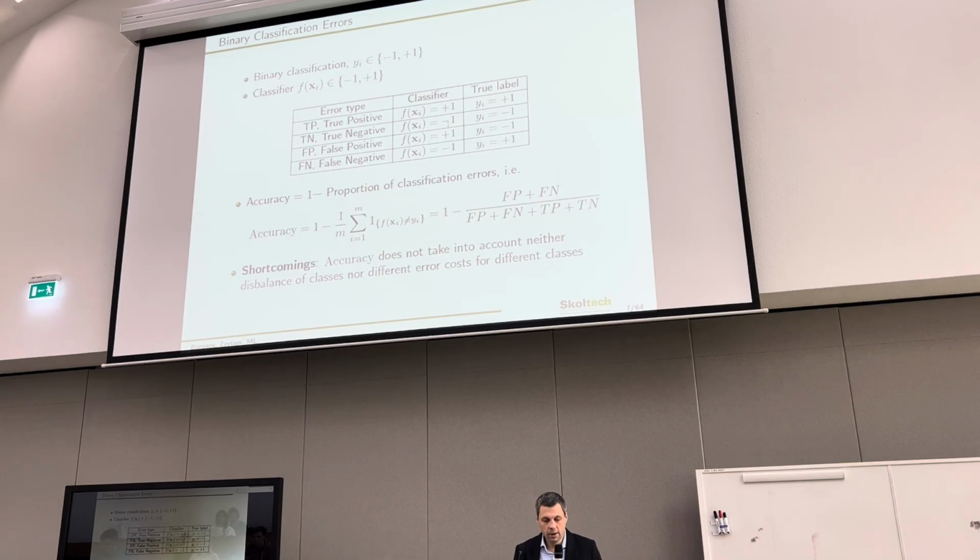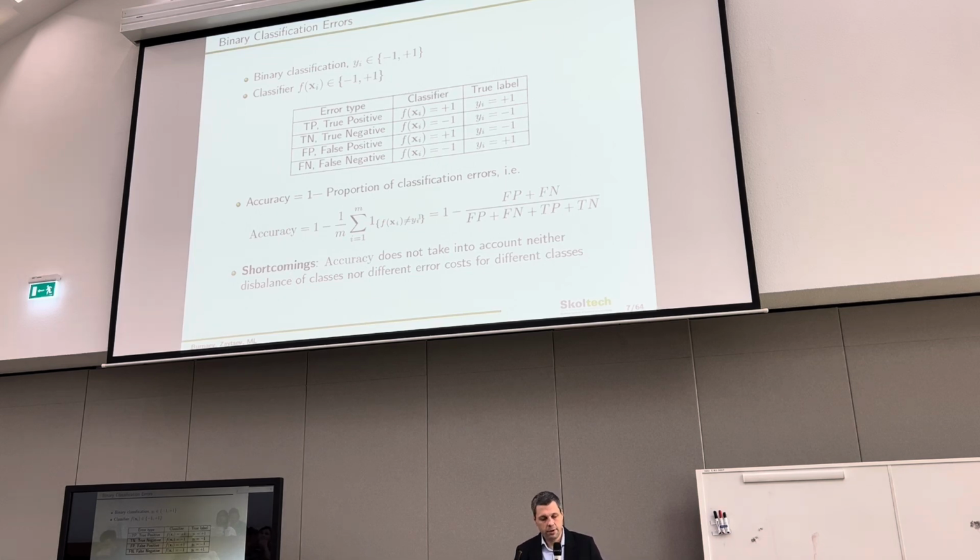From such a table, on some test set, we can calculate the number of cases for which the prediction doesn't coincide with the true label, and we can estimate accuracy. So accuracy is actually equal to the proportion of cases for which the classifier predicts the label correctly.